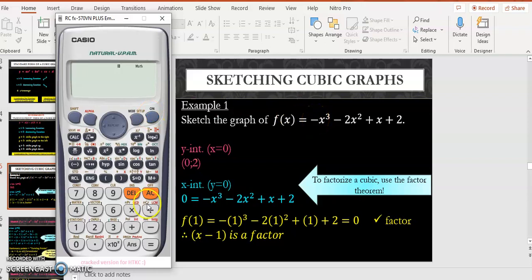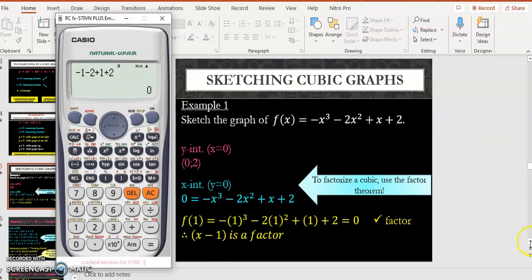So the coefficients are -1, -2, +1, +2. Now I get 0. So it means 1 is a solution. One of the solutions for this one is 1. So here x is equal to 1 is a solution. So if I transpose it, I'm going to get x minus 1. So this x minus 1 is a factor now.